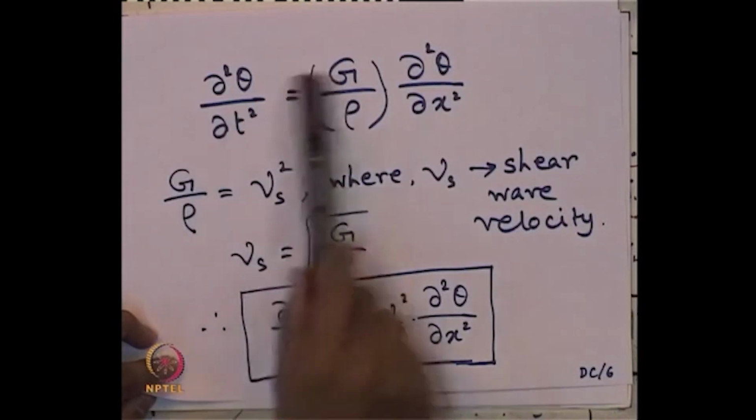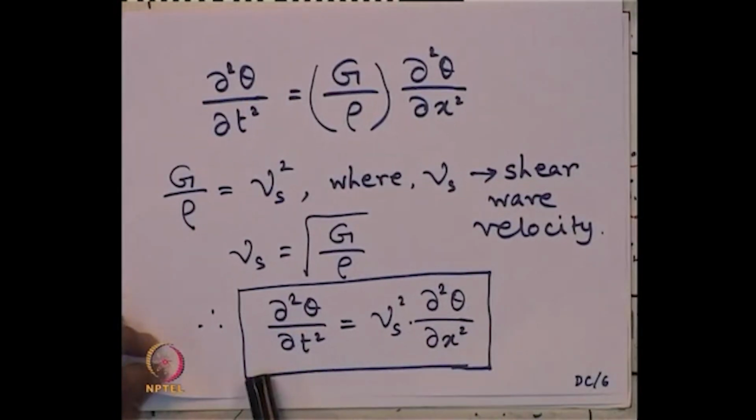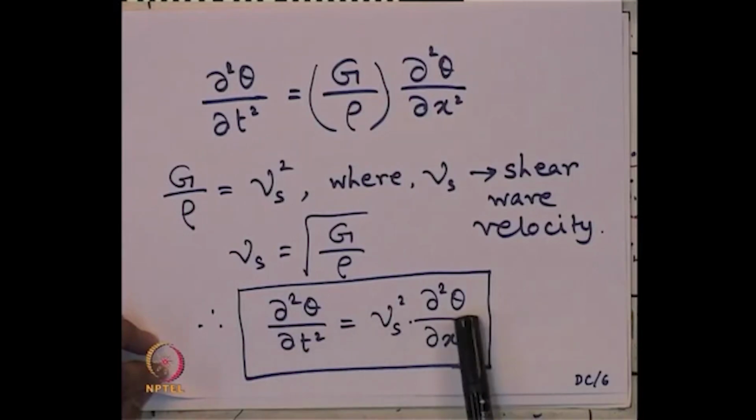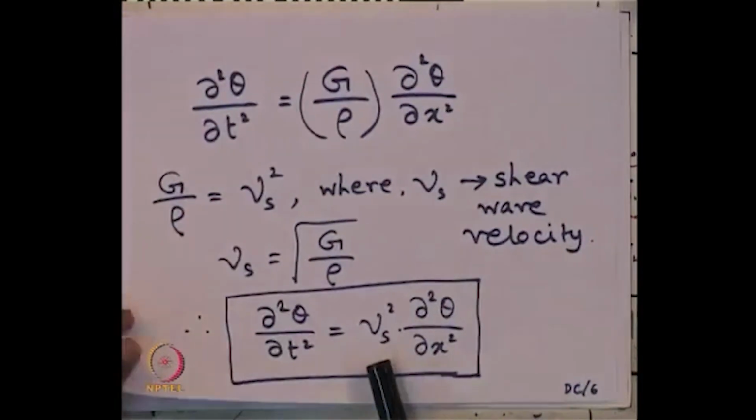And hence, the governing equation of motion in terms of the acceleration, this is the rotational acceleration, and this is the second order differential of the rotational displacement with respect to the x axis or space coordinate system related through the shear wave velocity of the media for this torsional wave.